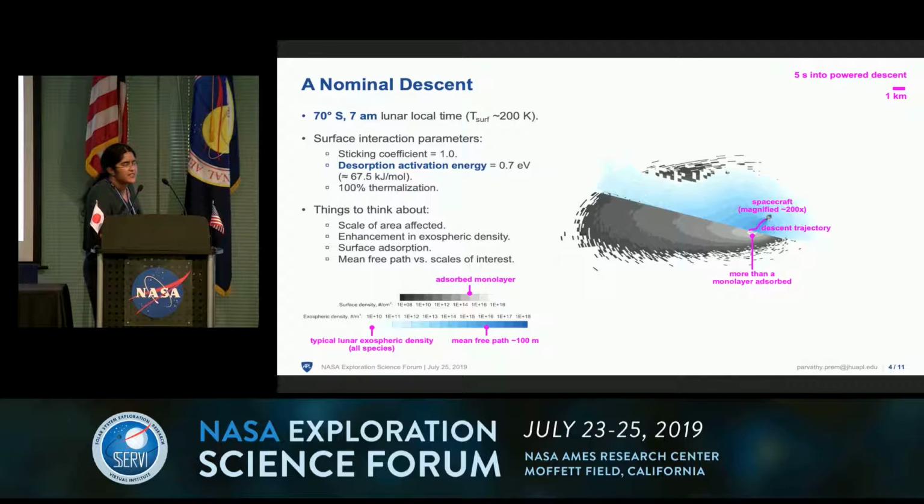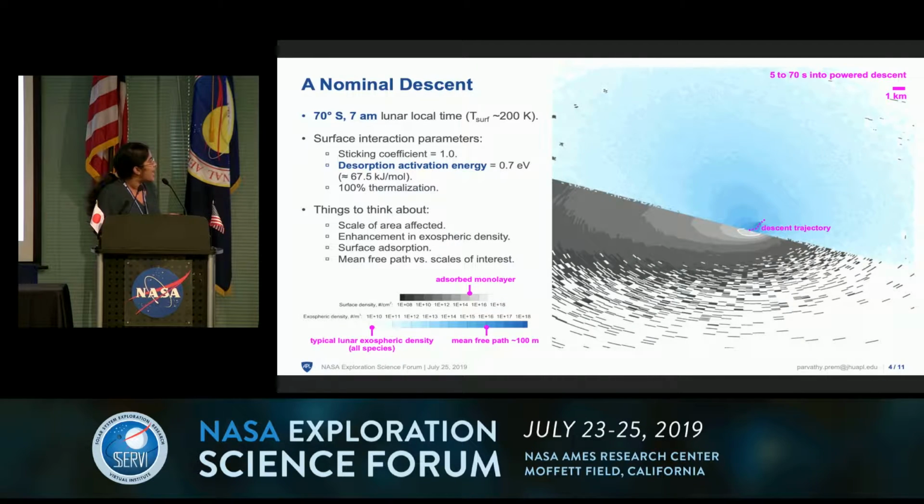And so even 5 seconds after the thrusters have turned on, there is already a many orders of magnitude enhancement in exospheric density. Surface absorption depends on what you assume about interaction parameters, but for some perspective, I've outlined in white the region inside which there's more than a monolayer of water vapor absorbed.